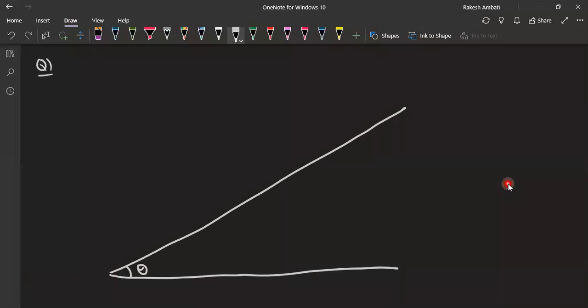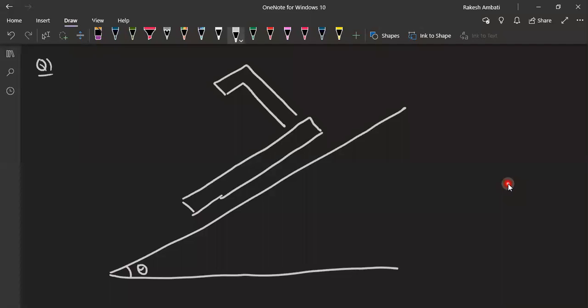On this inclined plane, there is a trolley. From the trolley, a pendulum is suspended.